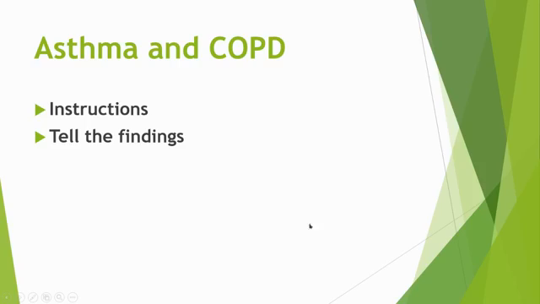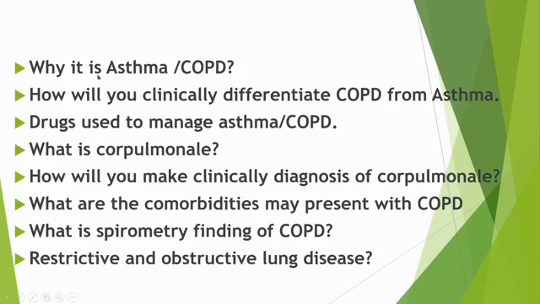Then asthma and COPD, which you have read in the lectures several times. The question may be why it is asthma or why it is COPD. যে কোনো কিছুই হতে পারে.